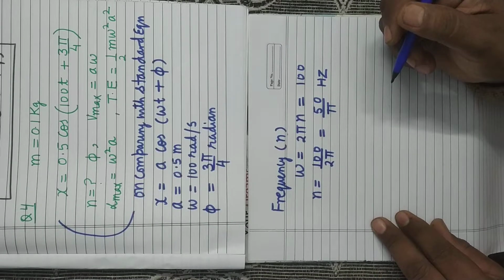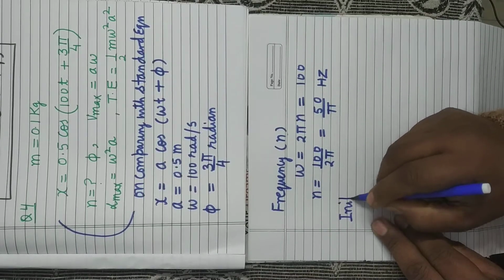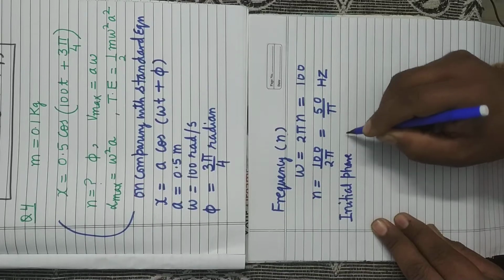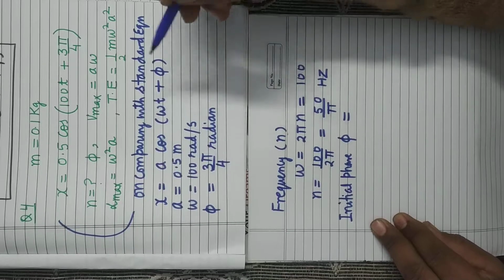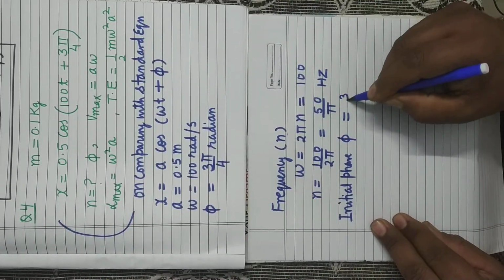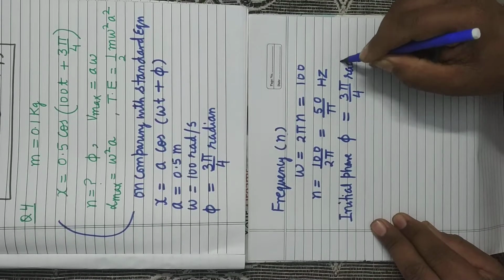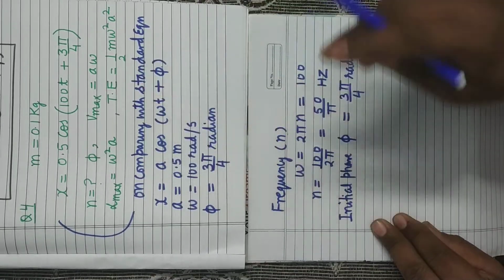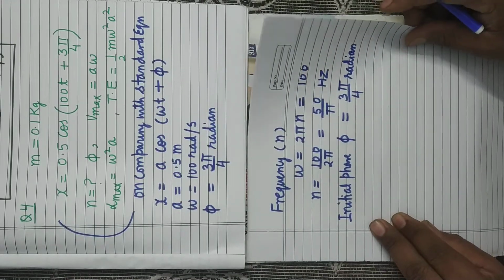Then you have to find the initial phase, which is represented by the symbol phi. Here phi is 3 pi upon 4 radian. It's clear. Then you have to find V max, the maximum velocity. Maximum velocity will be a omega.